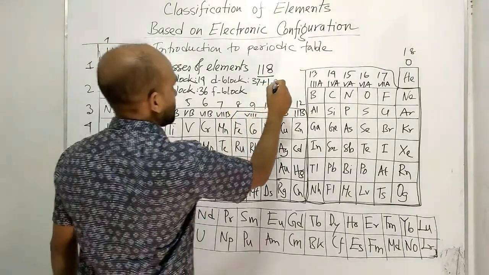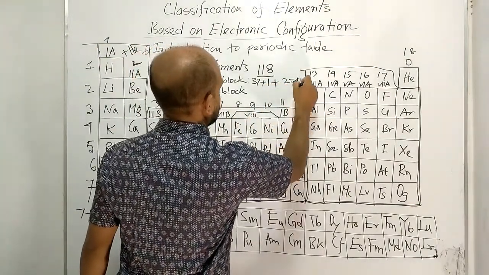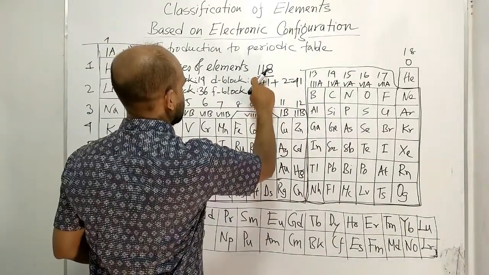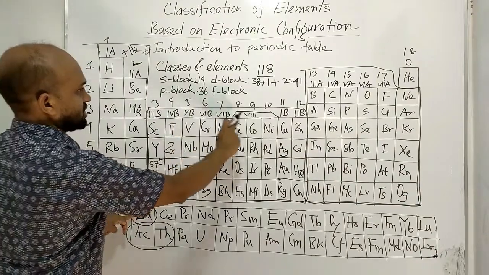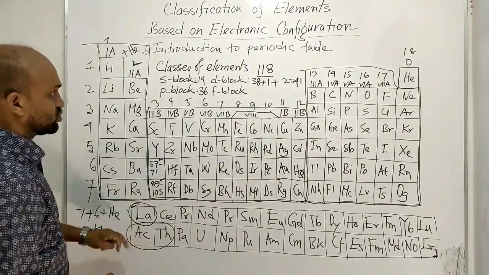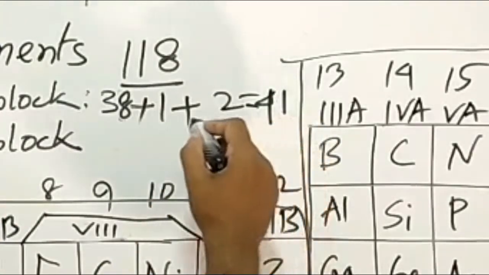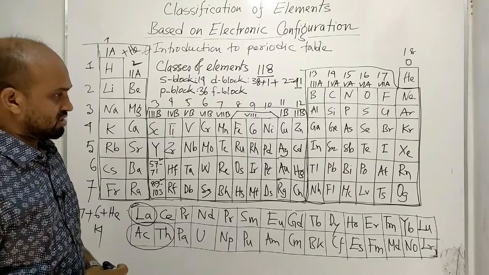It will be 38. Here total 38 elements, then plus 1 lanthanum and another 2, so total 41 elements are d block elements.